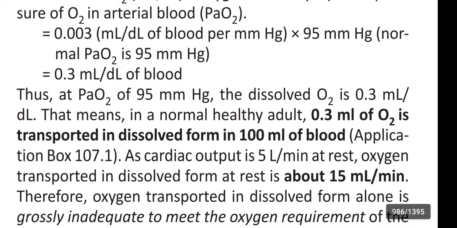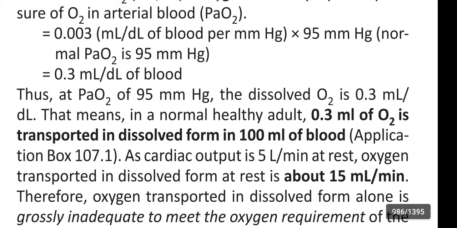Thus, at a partial pressure of oxygen in arterial blood of 95 mmHg, the dissolved oxygen is 0.3 ml per deciliter.